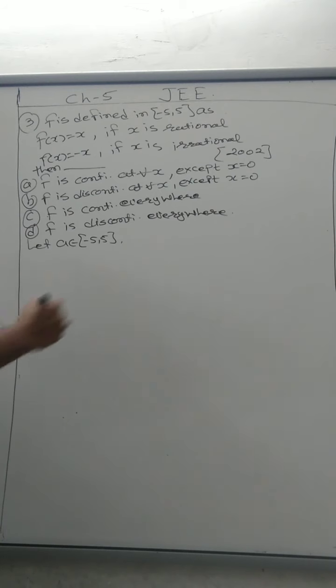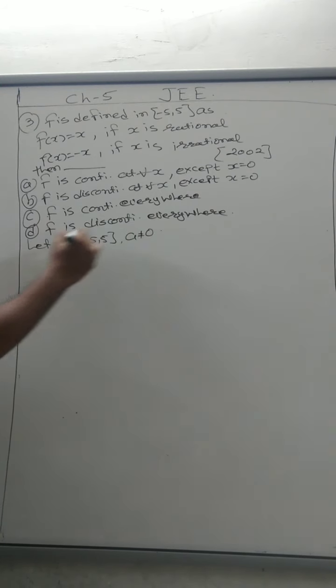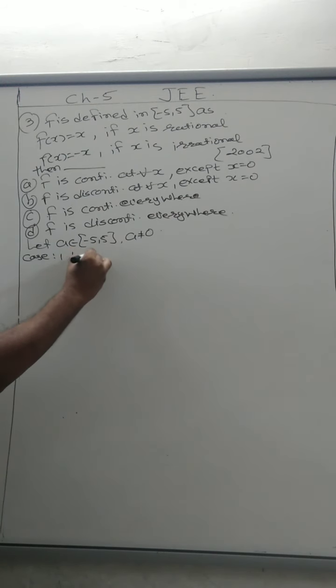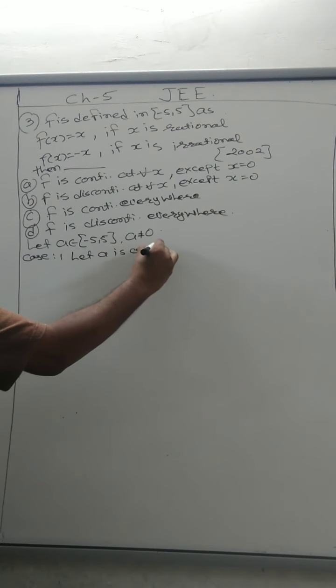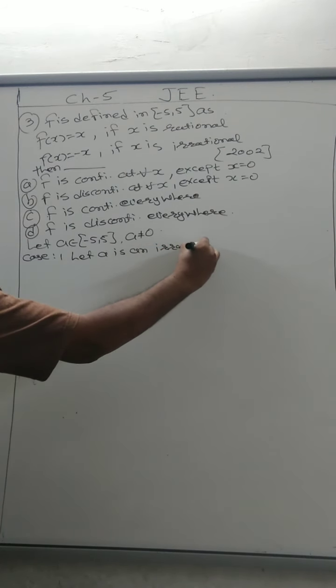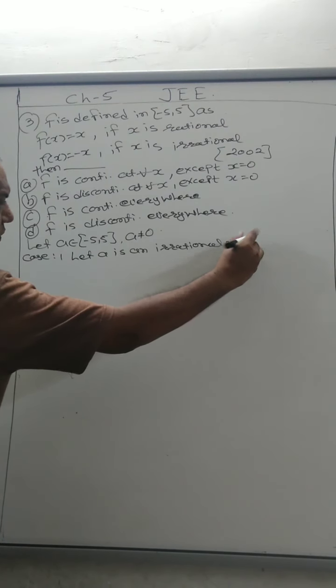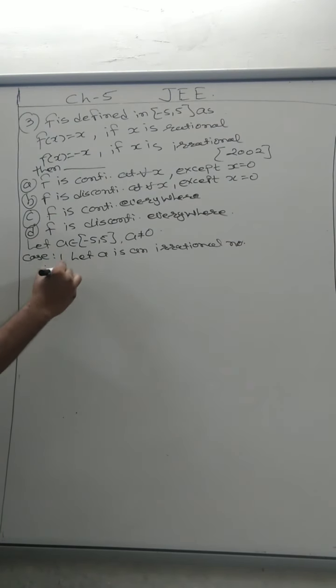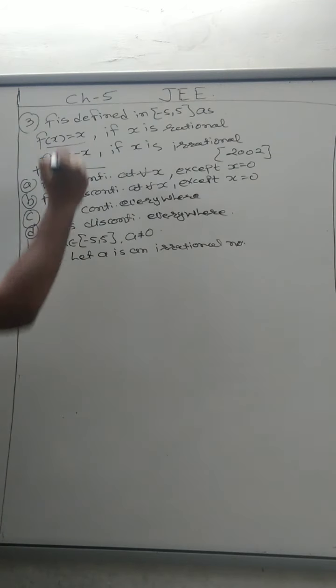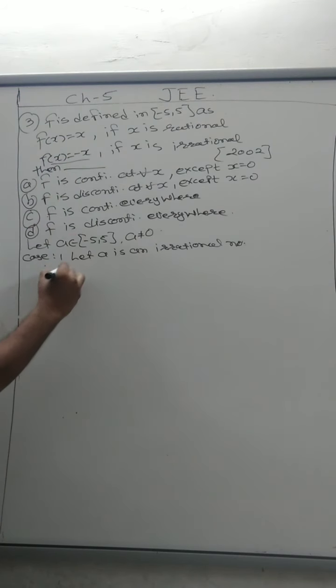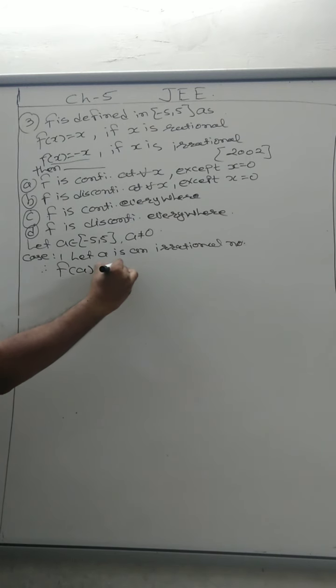a is not equal to 0. First of all we take case 1: let a be an irrational number. Then f(a), according to the definition, is equal to minus a.